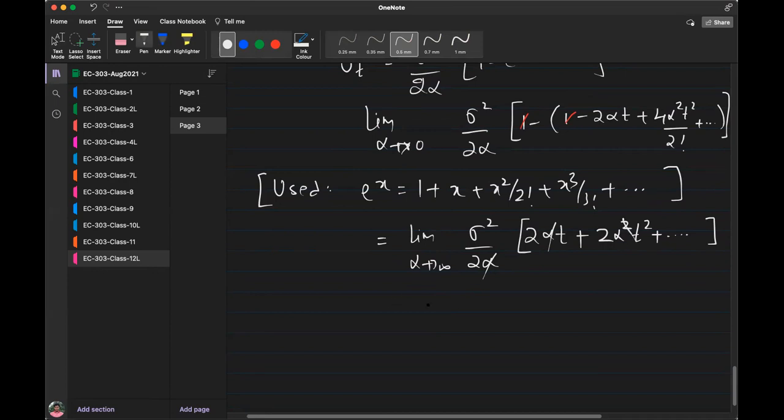Now apply the limit. If you apply the limit alpha goes to 0, what do we get? The first term will be sigma square t, and the second and higher order terms will be 0, since they all carry powers of alpha. So they're all 0.